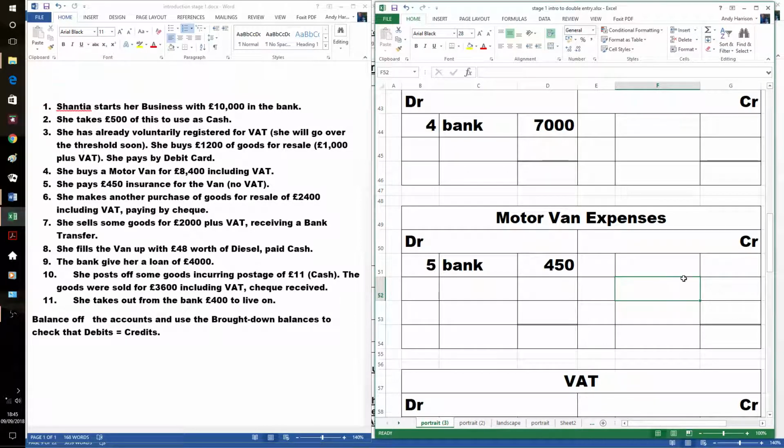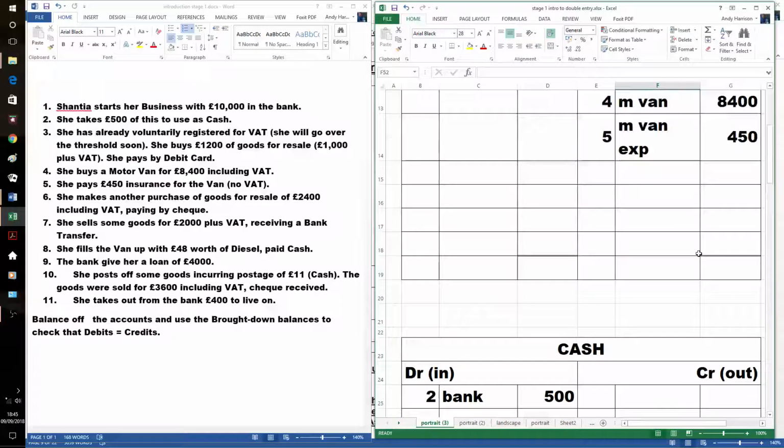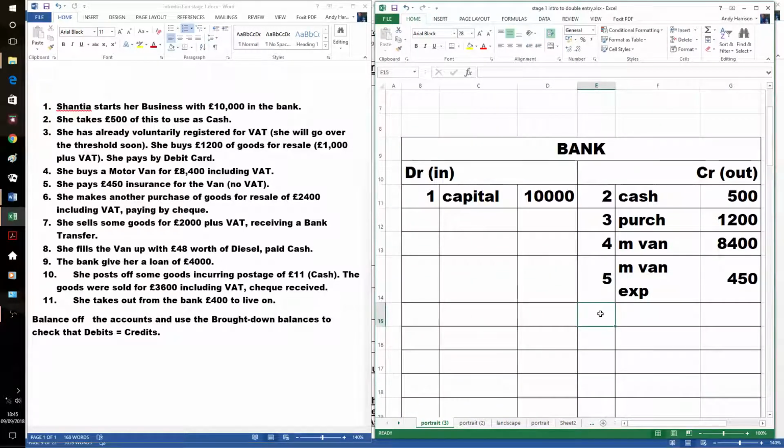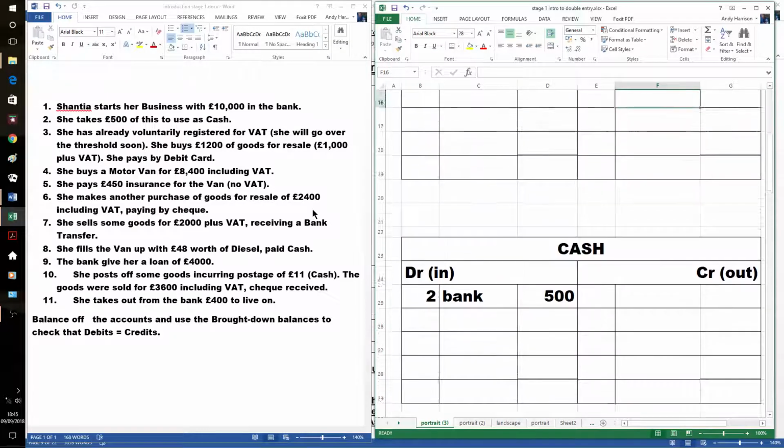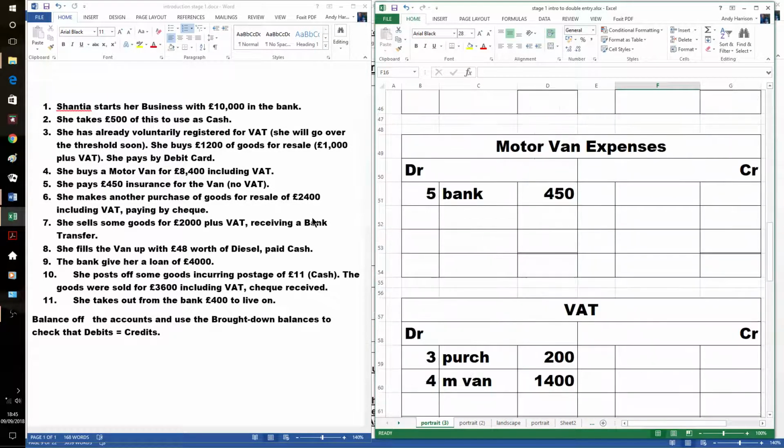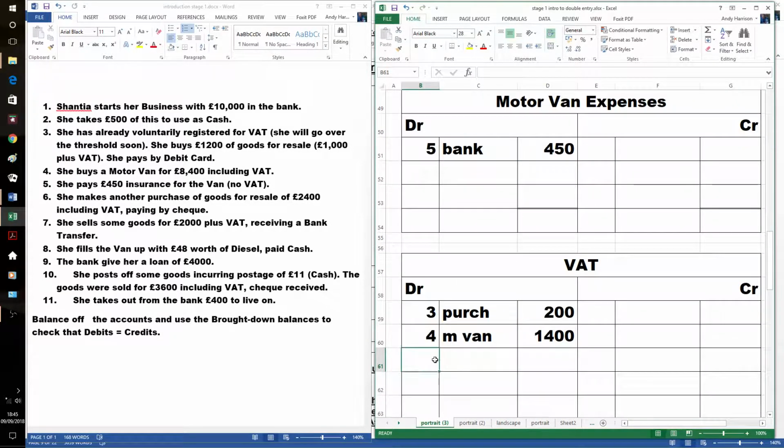Another purchase, 2,400 including that, for the bank. But we need to work it out. We could also divide by 120 because it is strictly speaking 120% times by 100.